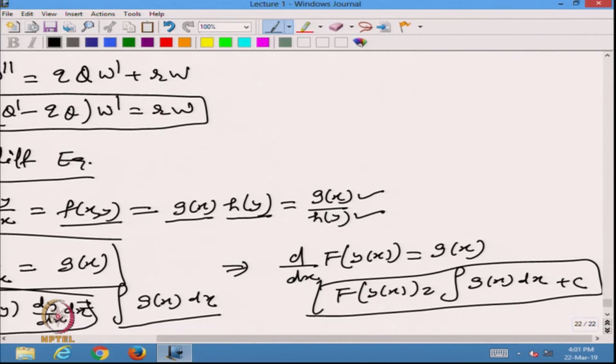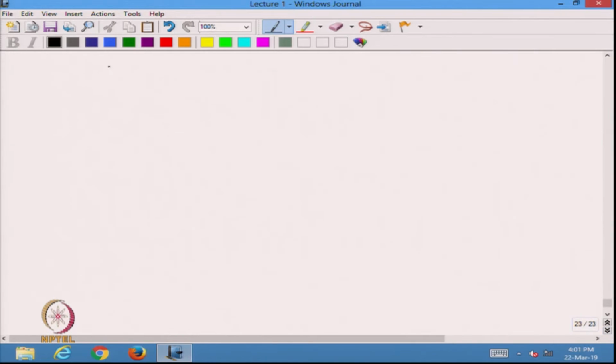I will define the function F(y) as the integration of the function h(y) dy.